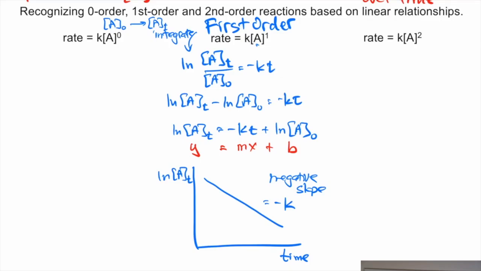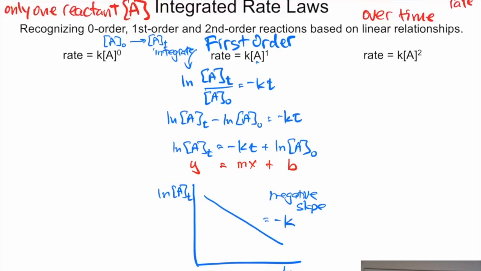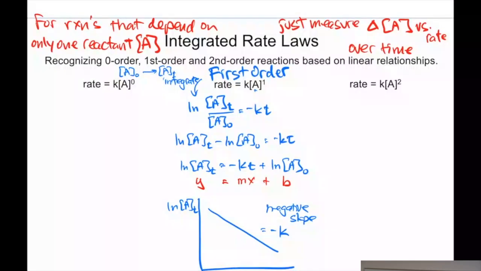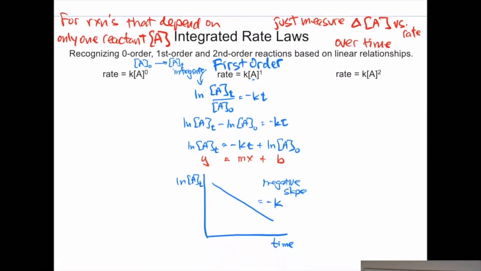So what this means is you collect your data up here in the upper right-hand corner. Just measure the change in concentration over time. I don't know why I have rate there.